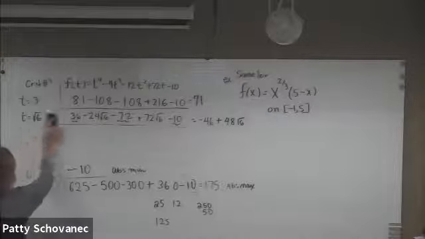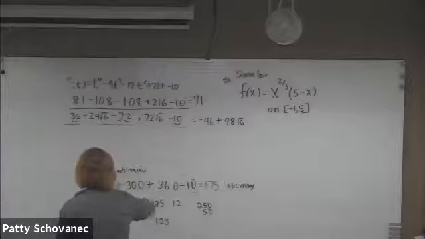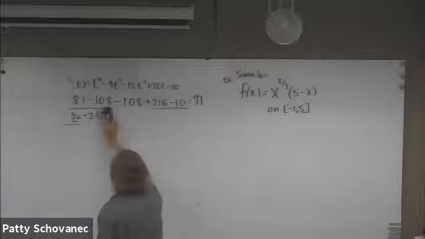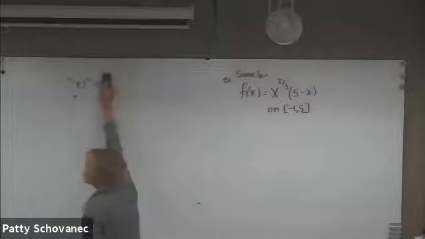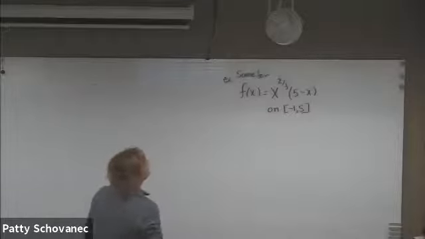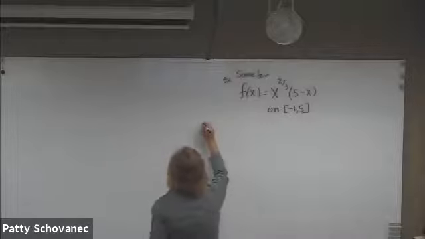Multiply it out and then take the derivative, or you can do the product rule. Which way are most of you doing it? We'll find it out first. All right, then I'm going to do the product rule.